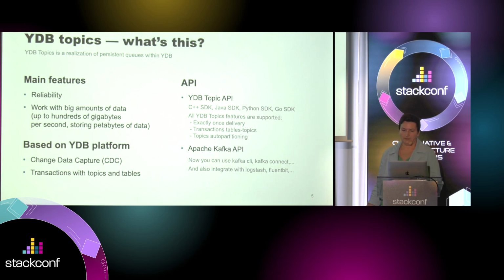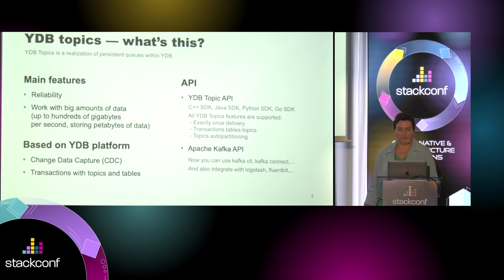And recently we supported the Apache Kafka API because Kafka is a common choice for persistent queues. And if you want, now you can use YDB topics everywhere where before you used Kafka topics. And you can use YDB topics with standard Kafka instruments or some outer software.